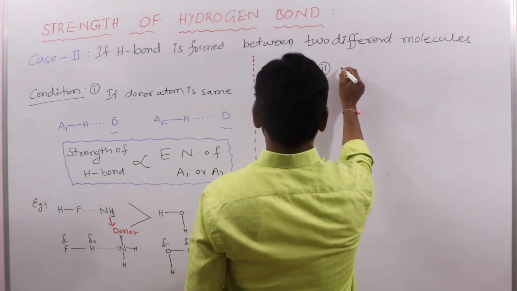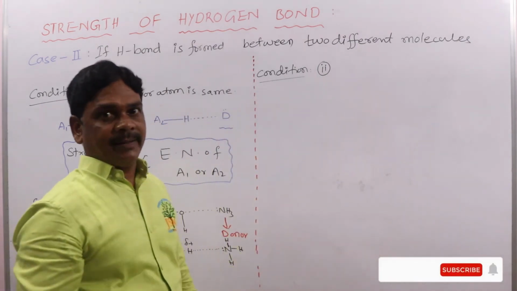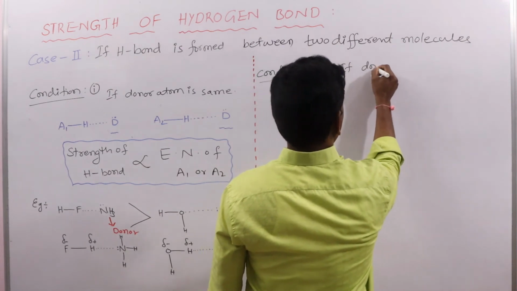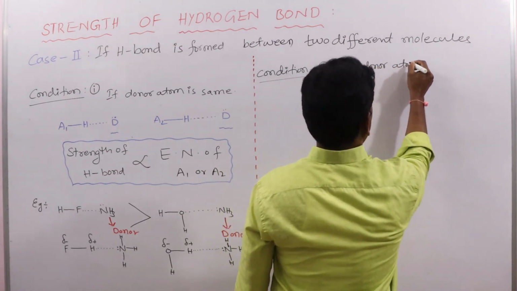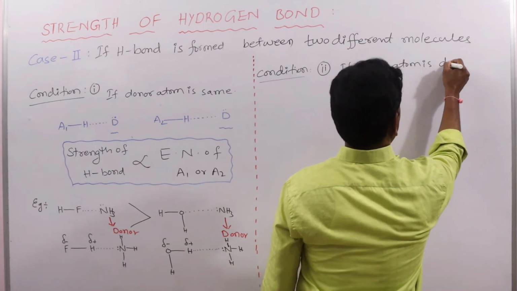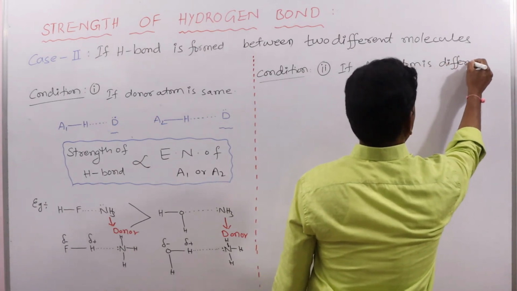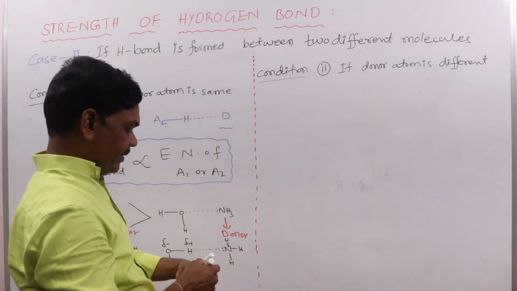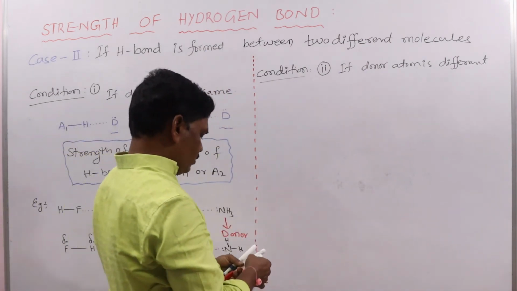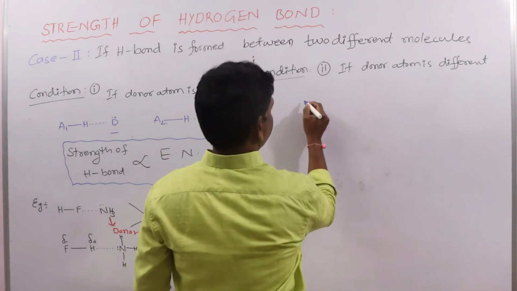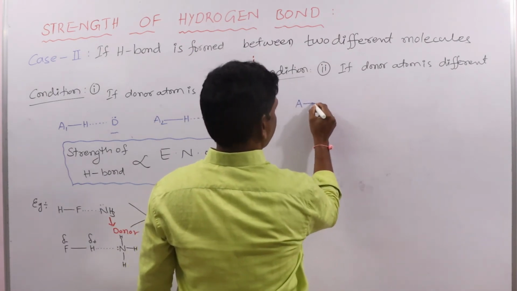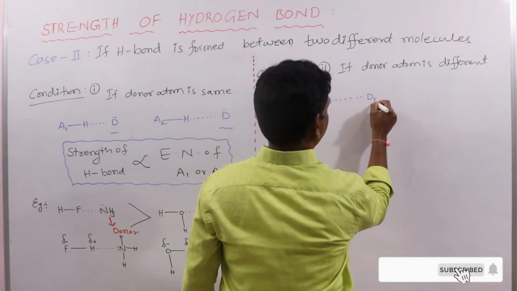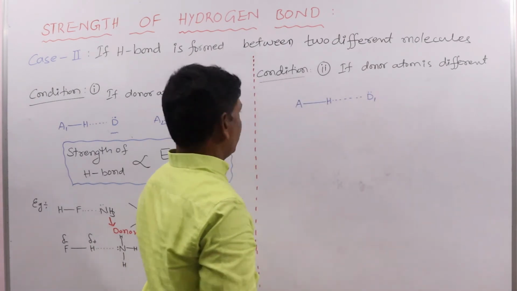So the second condition is if the donor atom is different. Donor atom is different. Okay, so now here A1 bonds with D1.